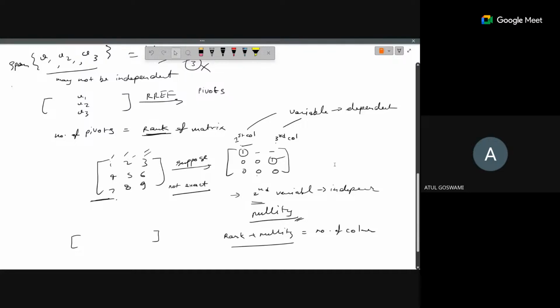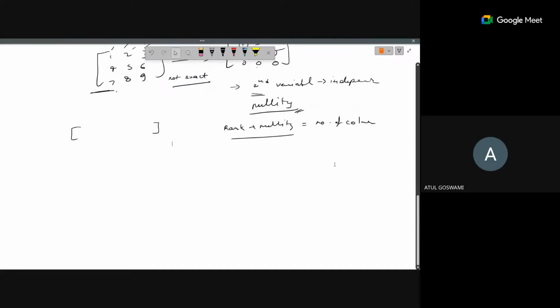So basically the number of independent vectors will form the dimension of a vector space. Number of independent vectors, I should write this. This is important.